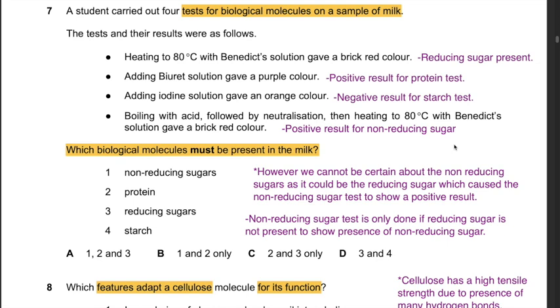And if that was the case, then we can be certain that non-reducing sugars must be present. However, over here, reducing sugar was already present in the milk. Therefore, the non-reducing sugar test can be influenced by the reducing sugar already present. Hence, the answer is answer C, 2 and 3 only.